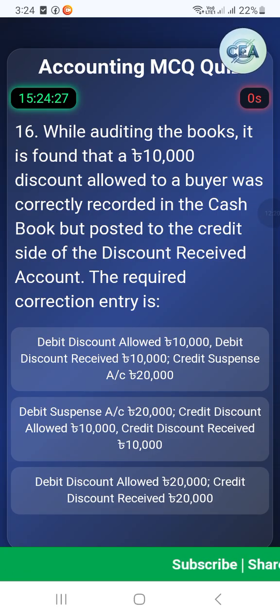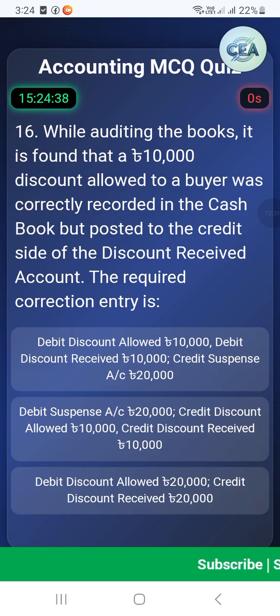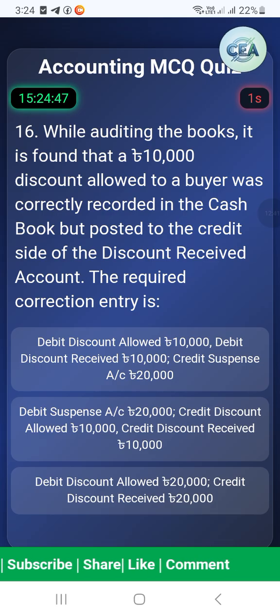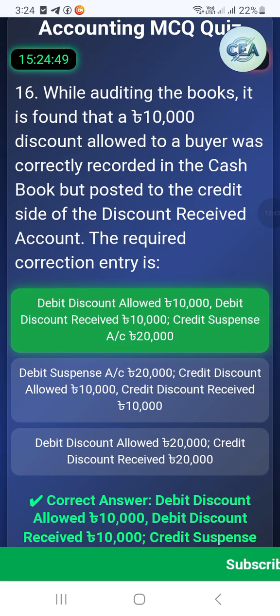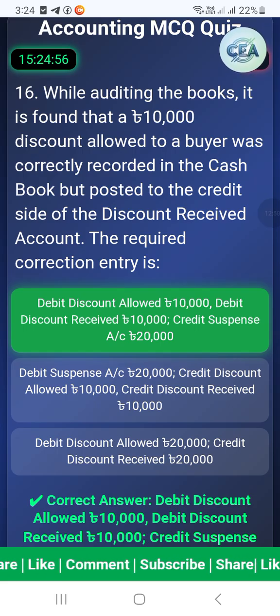Debit suspense AC 20,000 takas, credit discount allowed 10,000 takas, credit discount received 10,000 takas. Option 3. Debit discount allowed 20,000 takas, credit discount received 20,000 takas. Correct answer is debit discount allowed 10,000 takas, debit discount received 10,000 takas, credit suspense AC 20,000 takas.